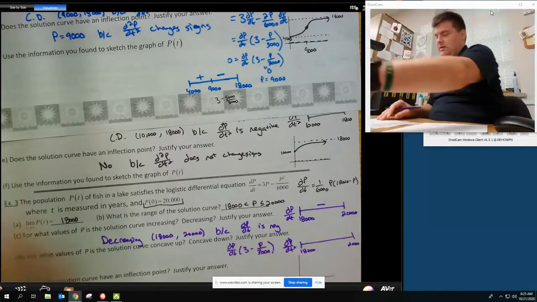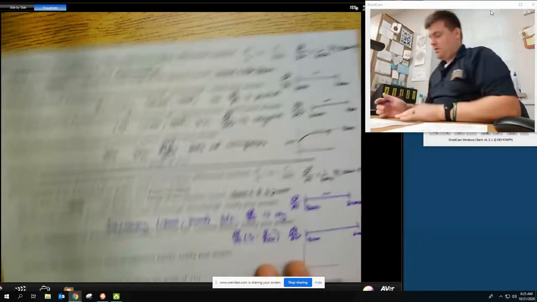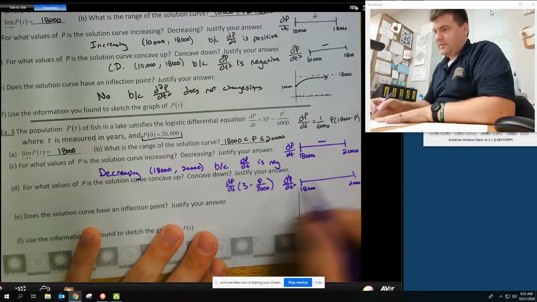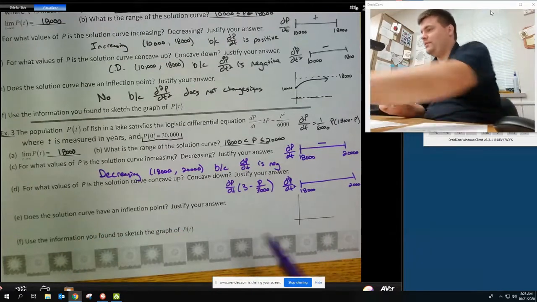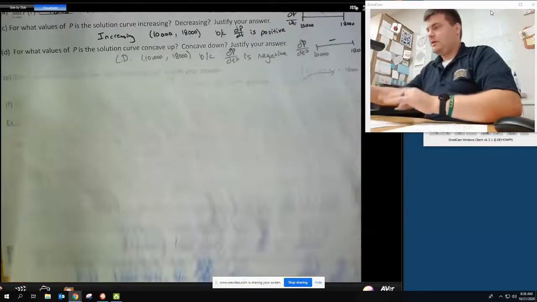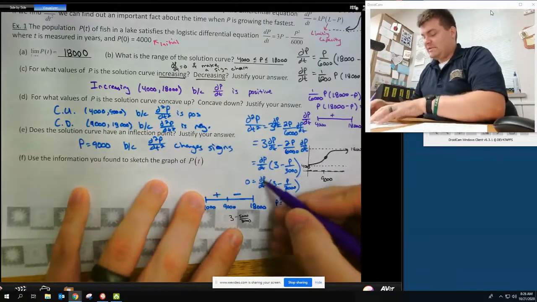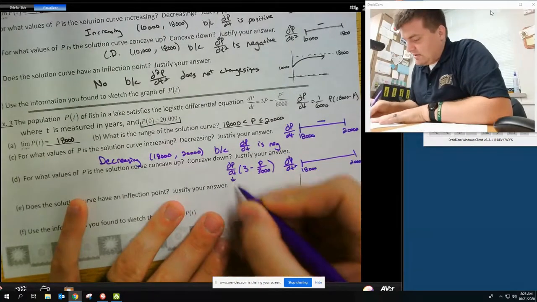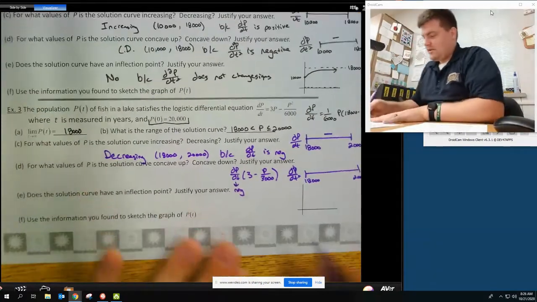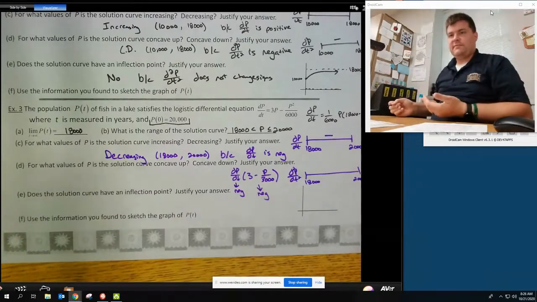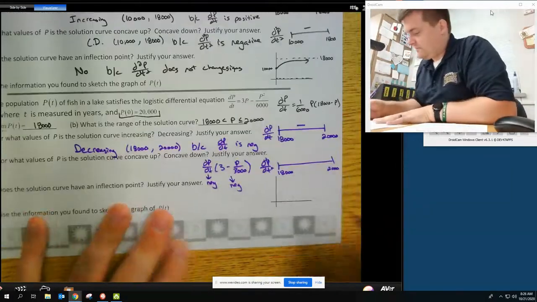Okay, awesome. So now, when I plug in 19,000, you would probably think to yourself, oh well, this sign chart is going to be negative all the way through, so no big deal. Don't forget, my dp/dt is different. So my dp/dt here is negative. If I plug in 19,000, this is also negative. So what's a negative times a negative? It's going to be positive.